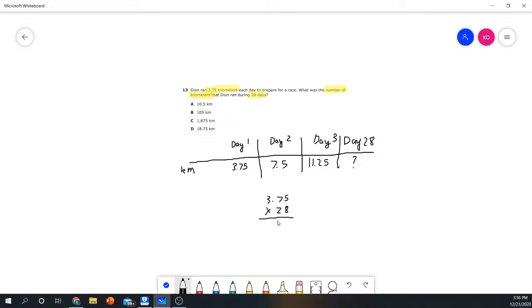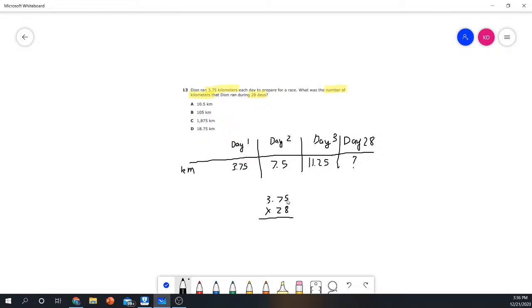You can definitely look into more methods on multiplying. Or if you're not comfortable with multiplying, you can just add 3.75 28 times, but that's really lengthy, so you might want to use this method.